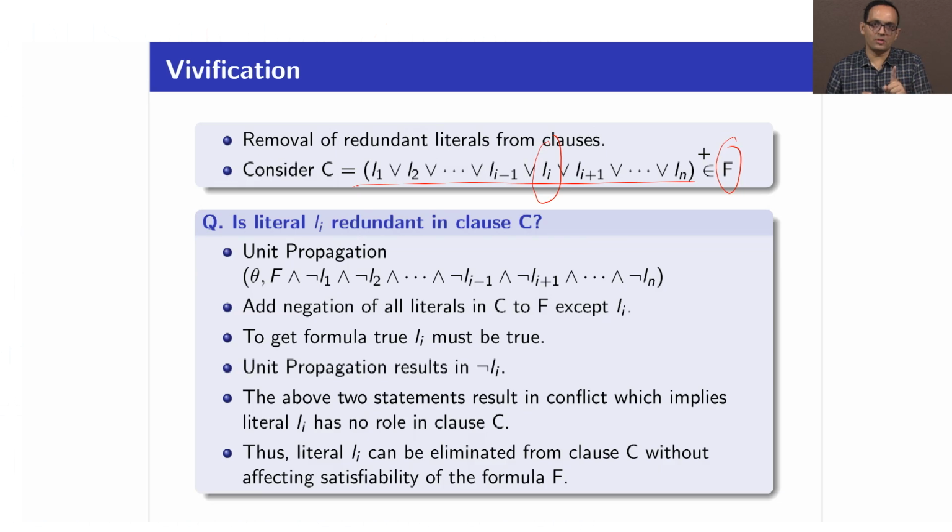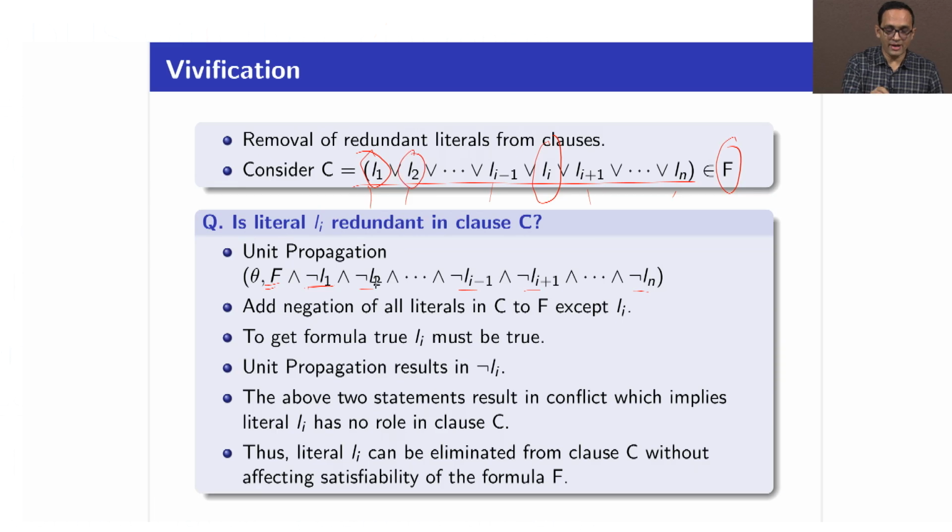This is one of the clauses in the formula. I will add new clauses which are the negation of the literals present here except Li. So I have L1 here, so I add a new unit clause, not L1.